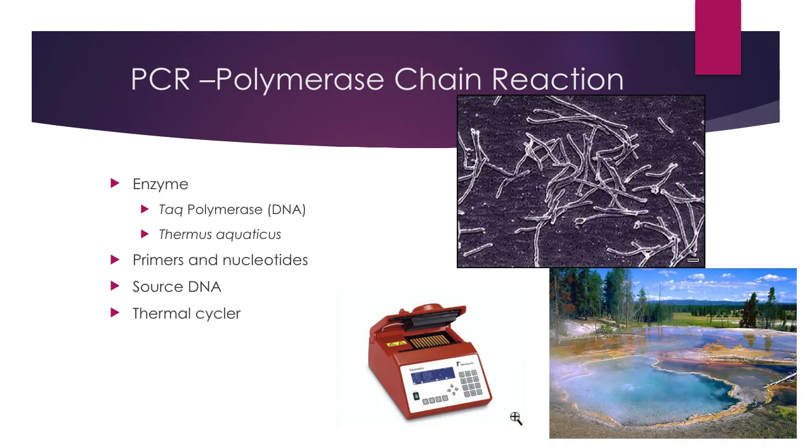And then, using something called the polymerase chain reaction, you can copy DNA. You use an enzyme called DNA polymerase. It's a heat-stable enzyme from a bacteria called Thermus aquaticus. It's a hot spring bacteria. That's a picture of it there, and there's the hot spring. Then you use primers and nucleotides, and you take your source DNA and you put it in this thermal cycler.